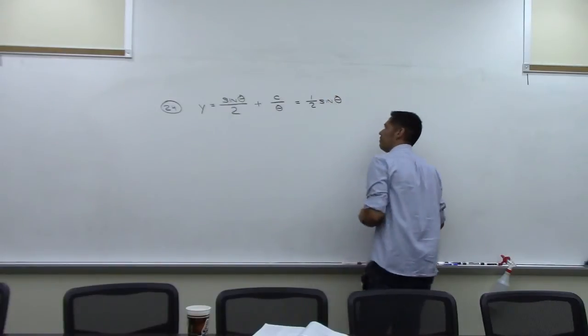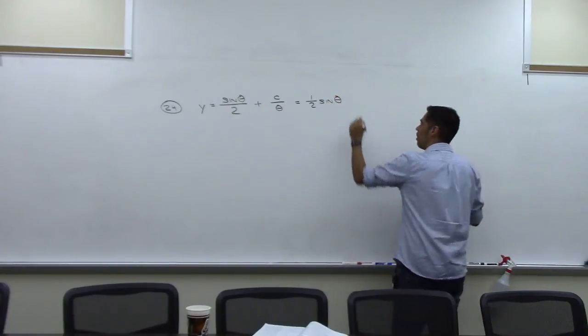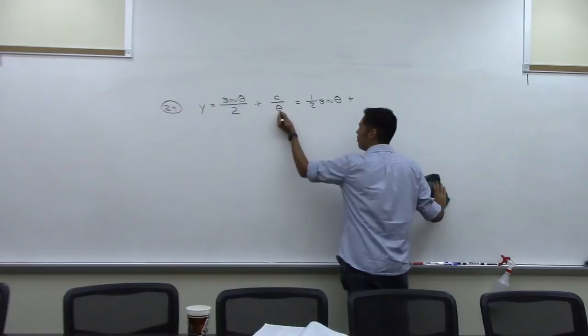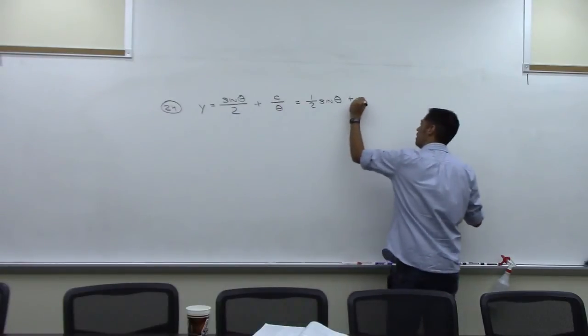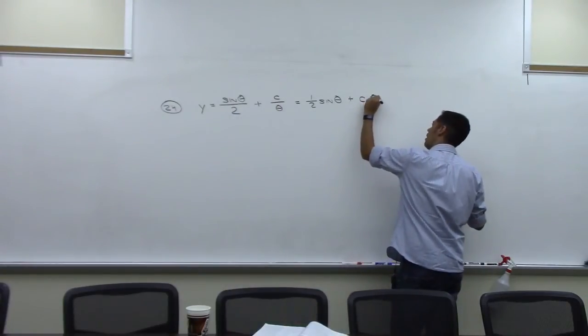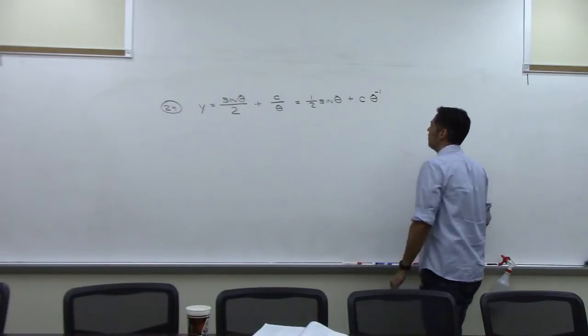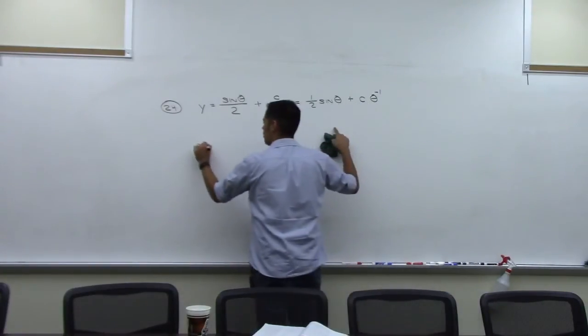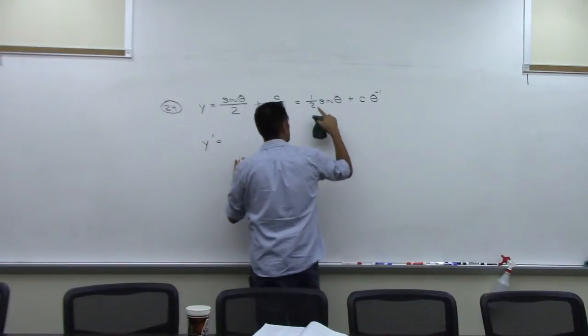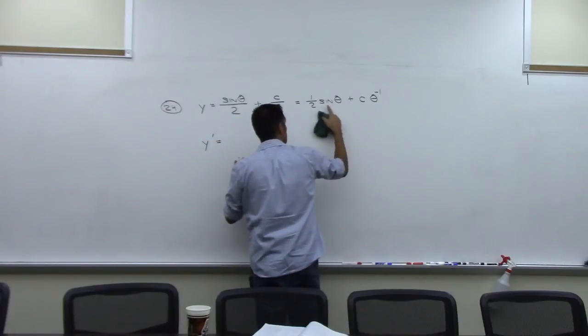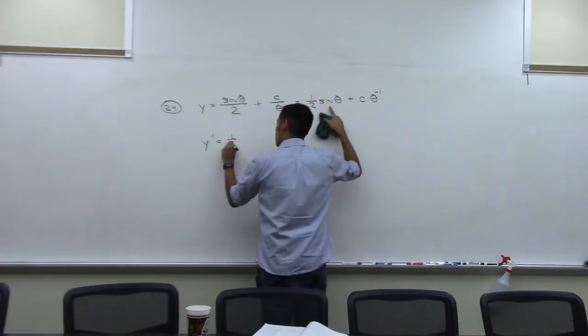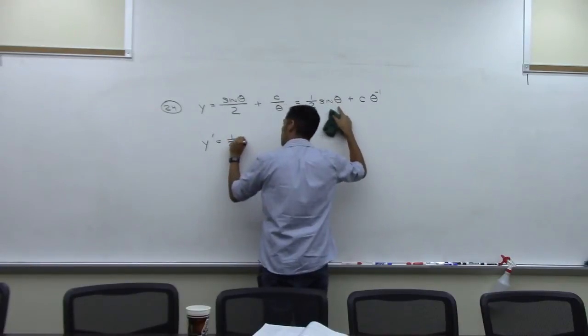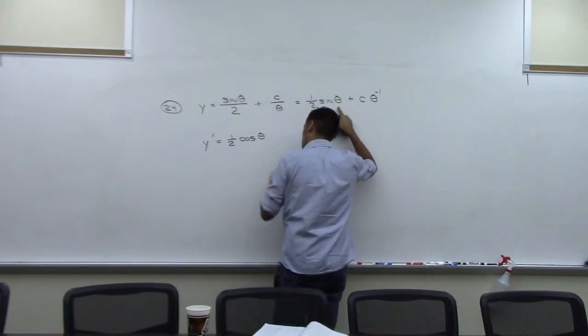And then the last part, because theta is my variable, I don't want it down here. I need to bring it up. So this will be c times theta to the negative 1. And now I can differentiate each one. The 1/2 is just going to come for the ride because it's attached to the function. So 1/2 times the derivative of sine of theta, which is cosine of theta.